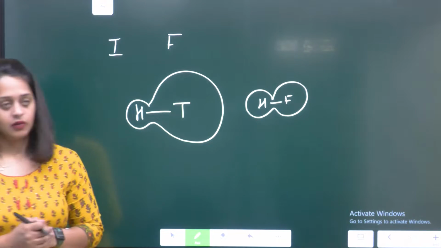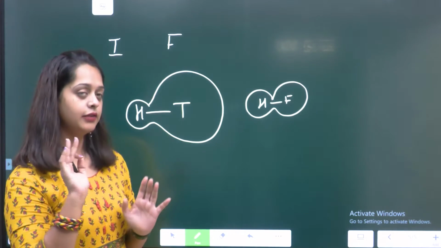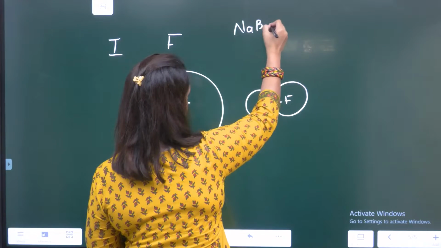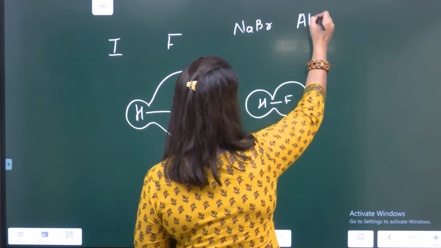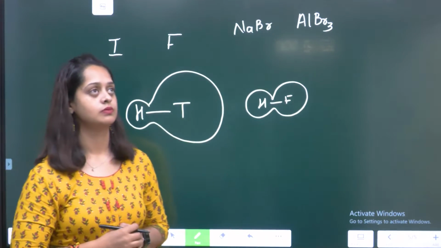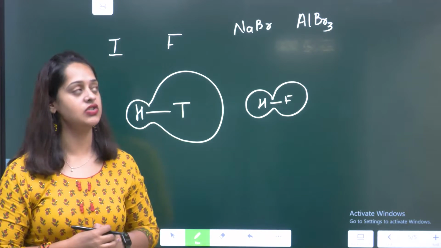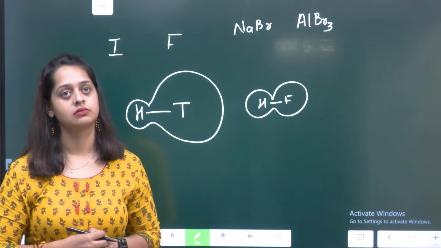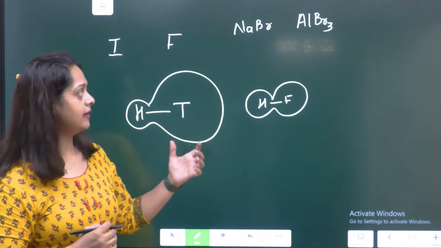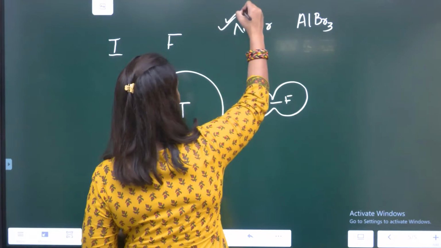Yes, ma'am. So let's say I know a molecule which is polar, NaBr and AlBr3. Which one is more ionic in nature? AlBr3. Okay, so this is more ionic.